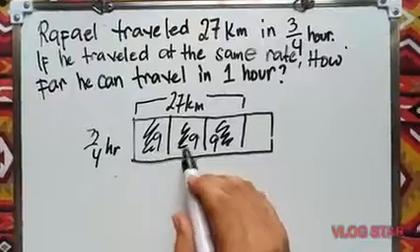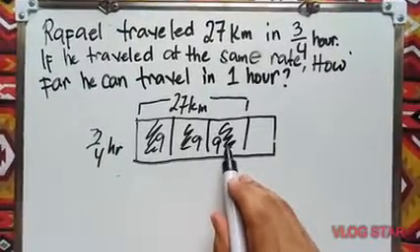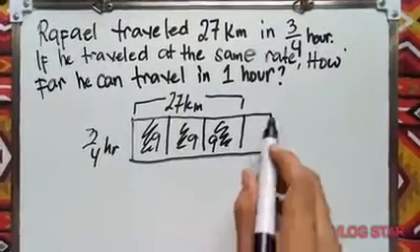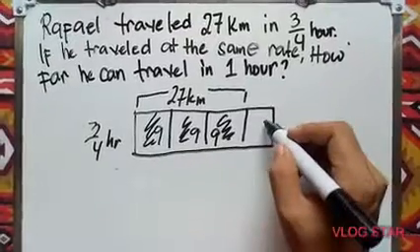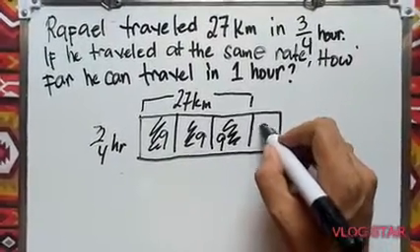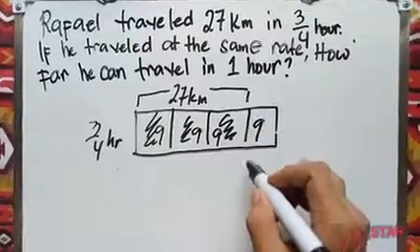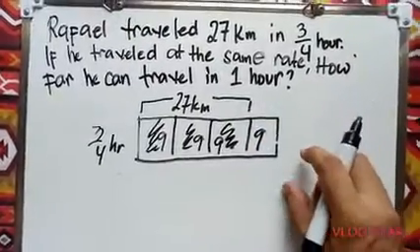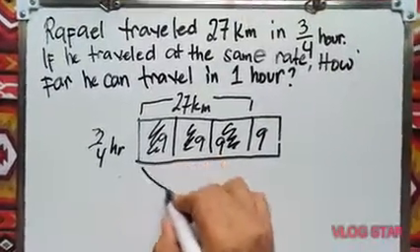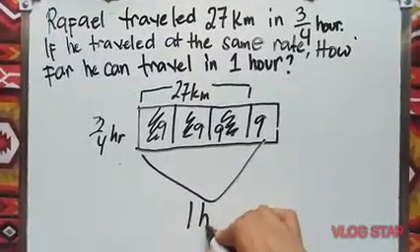So if 9 kilometer in one part of the whole, it means that 9 also in the remaining parts, to make it 1 hour, because this whole is equal to 1 hour.